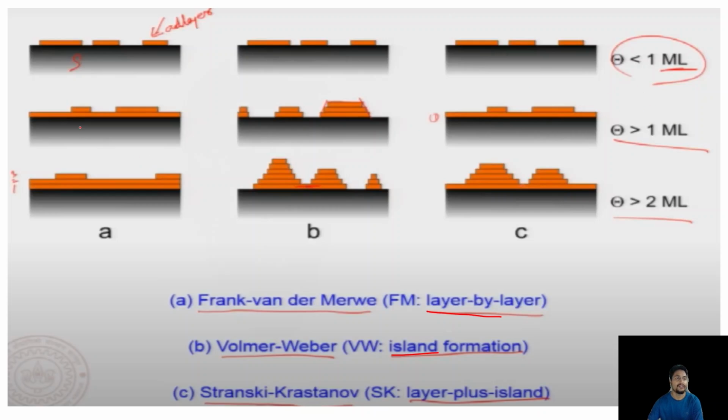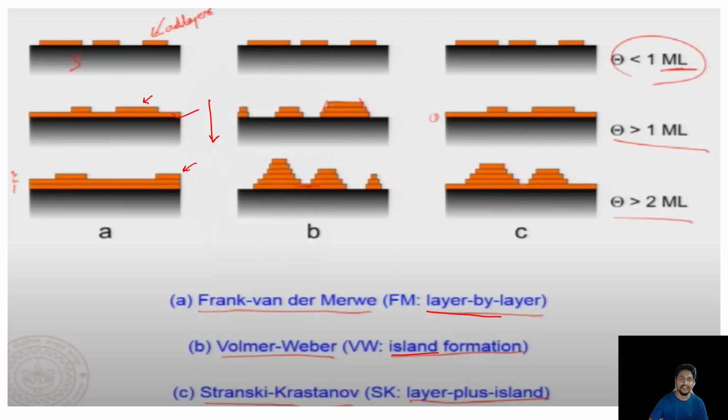But when the coverage grows, in layer by layer the first layer completes, then the second layer forms. If we increase the coverage, the second layer completes, then the third layer. One by one the layers complete their growth before the next one starts. That is called Frank-van der Merwe, or layer by layer growth.